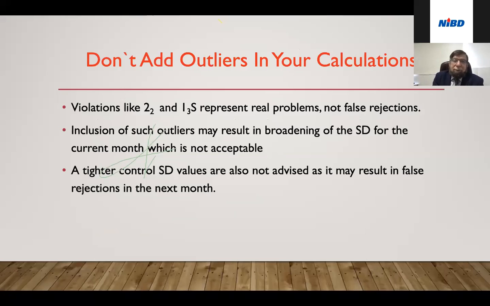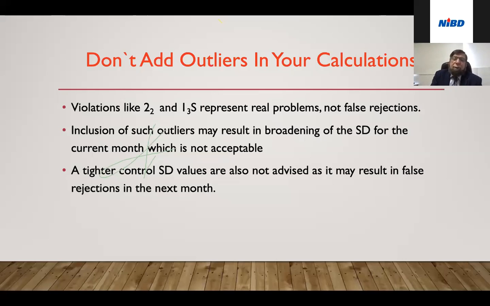Violations like 2 2S and 1 3S represent real problems, not false rejection. Inclusion of such outliers may result in broadening of the SD. This is the reason. If you add the outliers, it will lead to broadening of the SD, which is not acceptable. Tighter control values are also not advised, as they may result in false rejection in the next month.